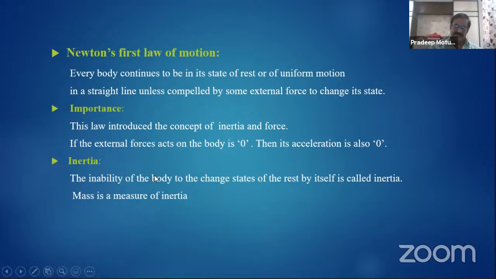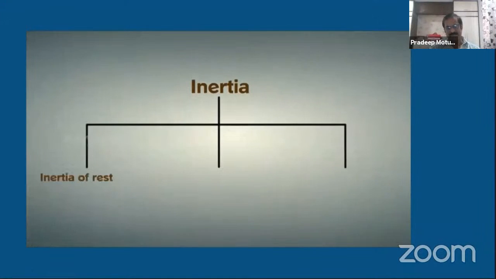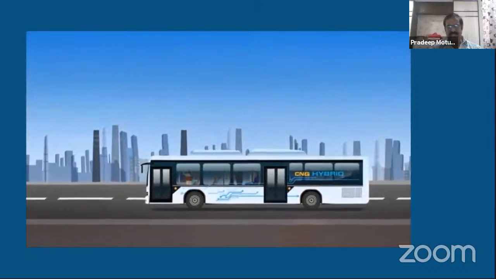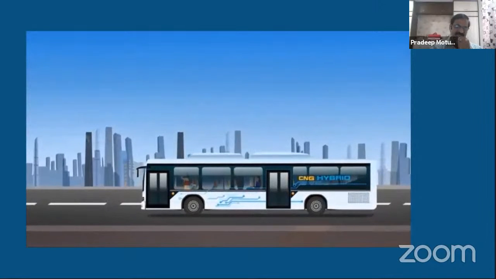Now, inertia is of three types: inertia of rest, inertia of direction, and inertia of motion. I will explain the inertia of rest. What is inertia of rest? Just have a look.